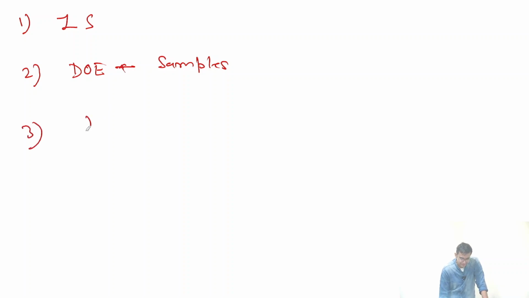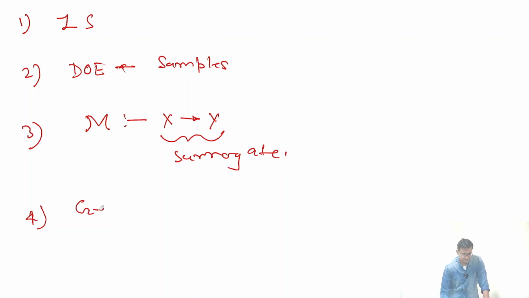So to start with, you will have a limit state function, right? Second, you will use DOE to generate samples, training samples. Third, you will train a model, which is a surrogate model that maps from X to Y. Step 4, generate samples from the distribution.